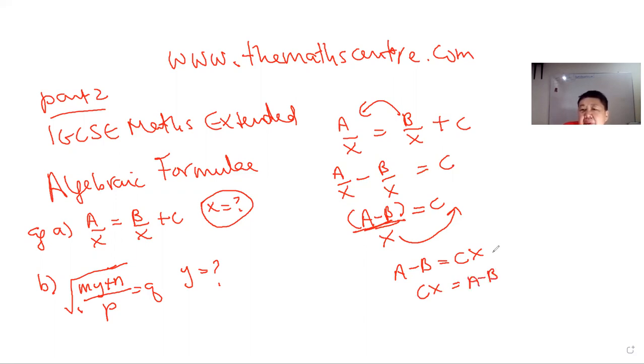Now I leave X on the left-hand side because that is going to be my subject. And I want to shift C over. Again, I'm using rule 2, where I'm shifting part of a term. So multiplication, C times X becomes division. And finally, the value of X is A minus B on top divided by C. The numerator is A minus B divided by the denominator C.